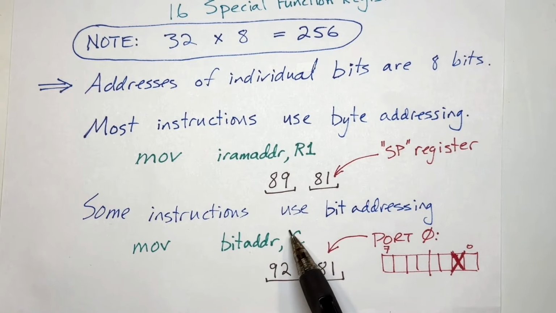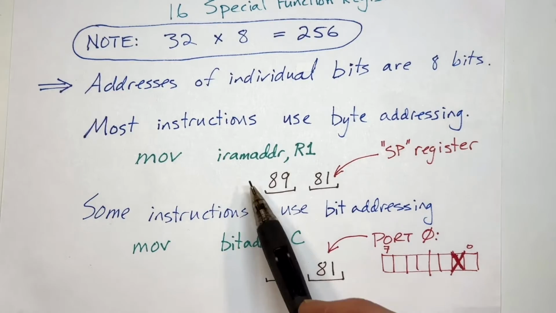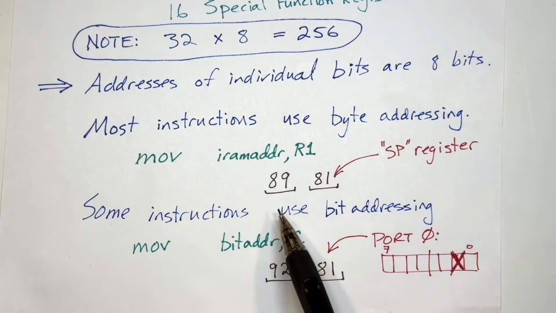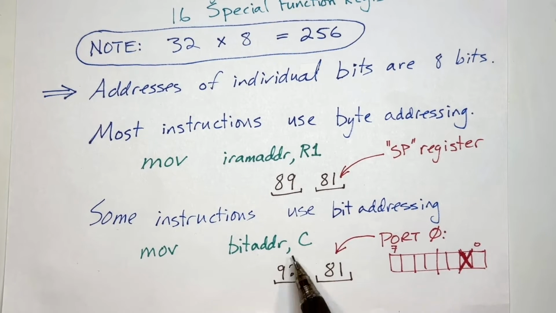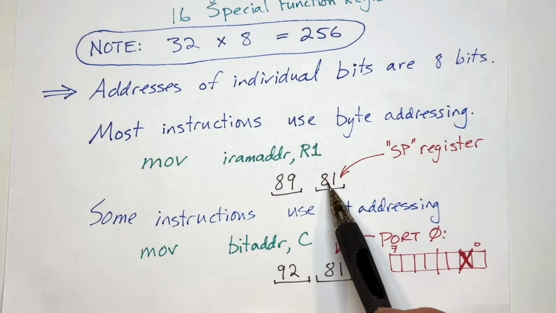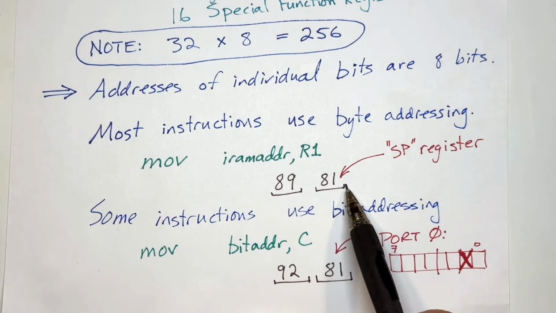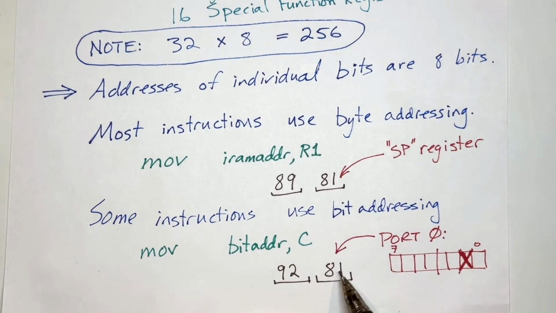It moves a bit from, this is the carry bit in the program status word. So it moves 1 bit, and the target or the destination is given not by a direct memory address, but by a bit address. So it has a different opcode, and that opcode is hex 92. And so here, both of these instructions require a second byte to give the actual direct memory address or the bit address.